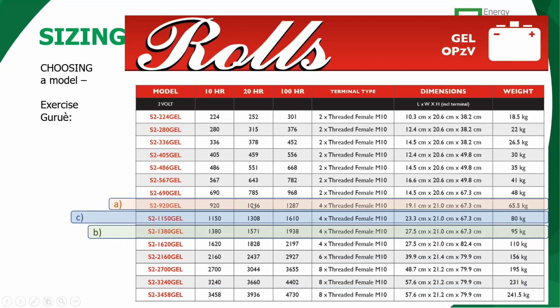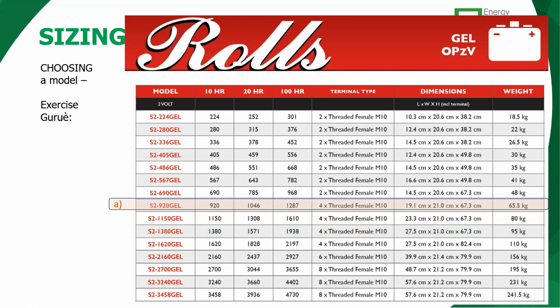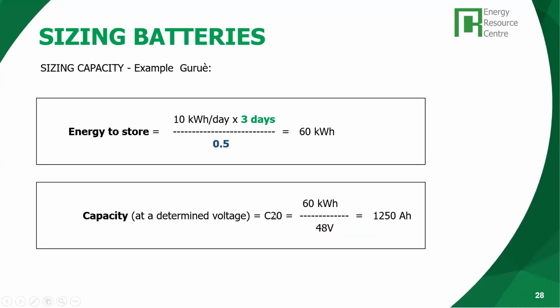Because this one, A, is too small. It will not give you 1,250. It would give you 1,250 if the capacity was C100. But our calculation was not C100, it was C20.